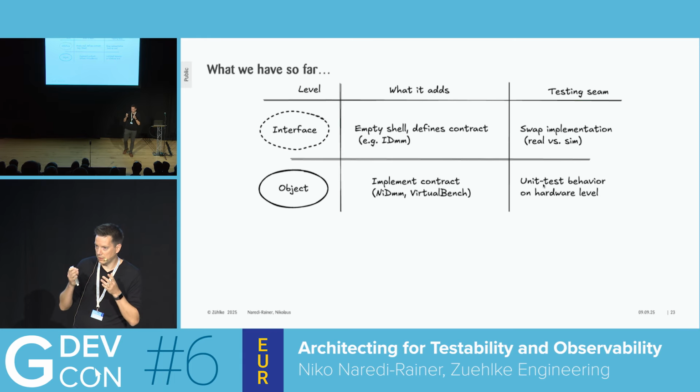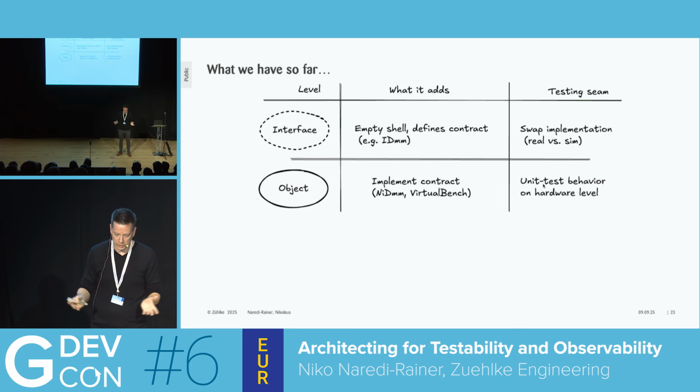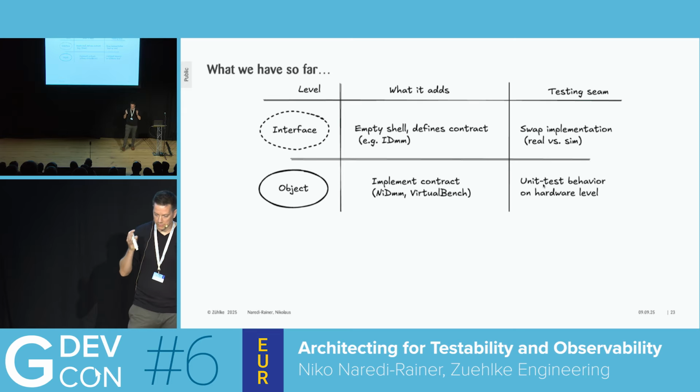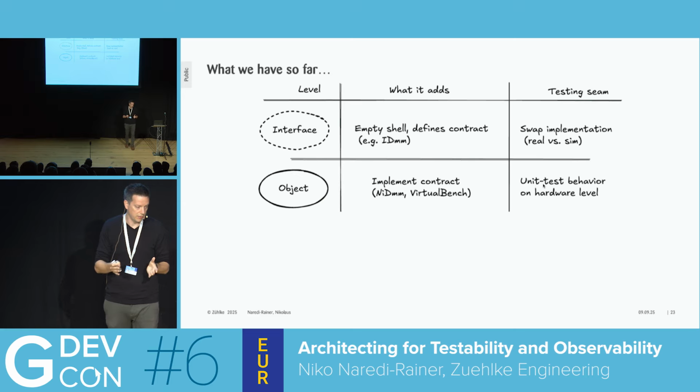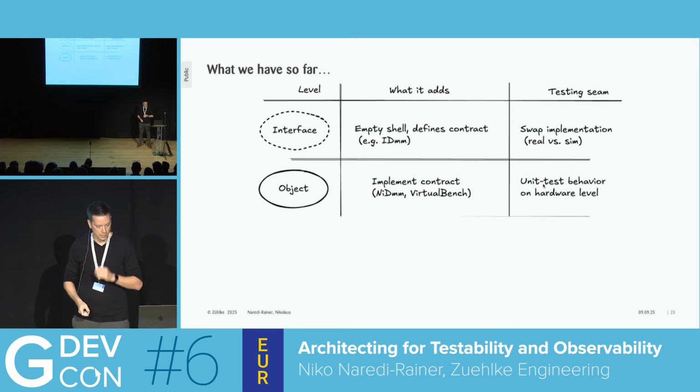If I know my Caraya unit test suite works on the object and I swap it later out with an interface that is just a dummy interface, I can be pretty sure that when I later on in the real program swap in again the real hardware, it still works. So that is a very nice way to test the hardware object really on that level, on the object itself. And if you're building later on, you can swap out with a fake one.